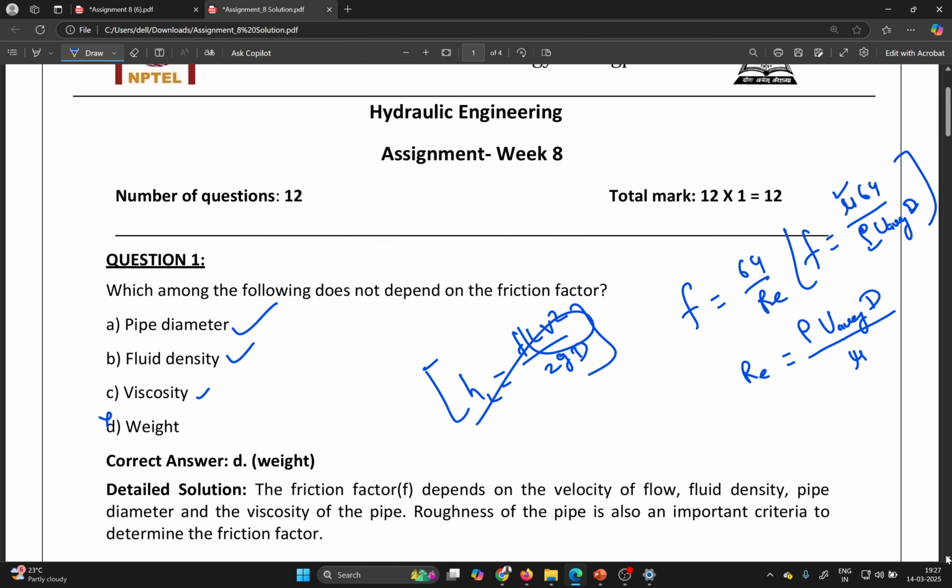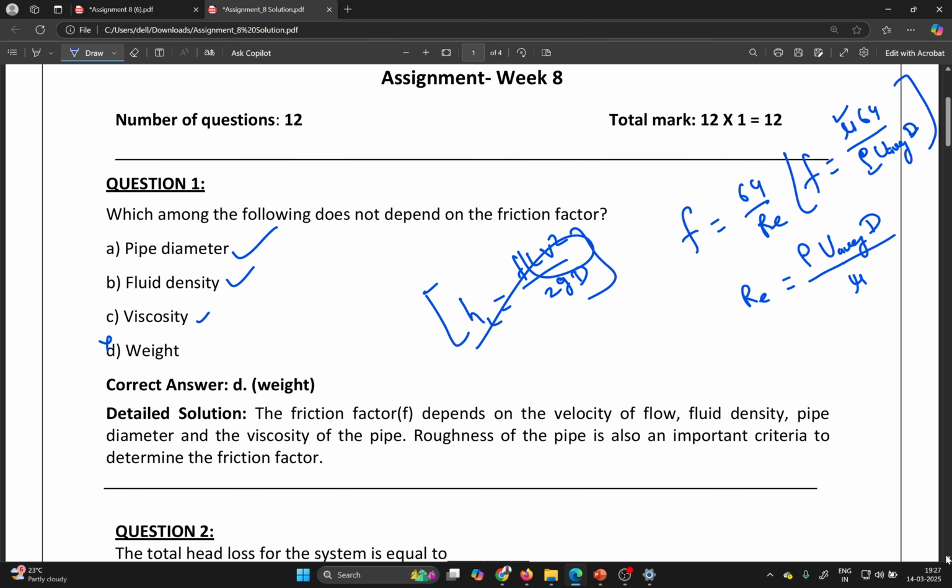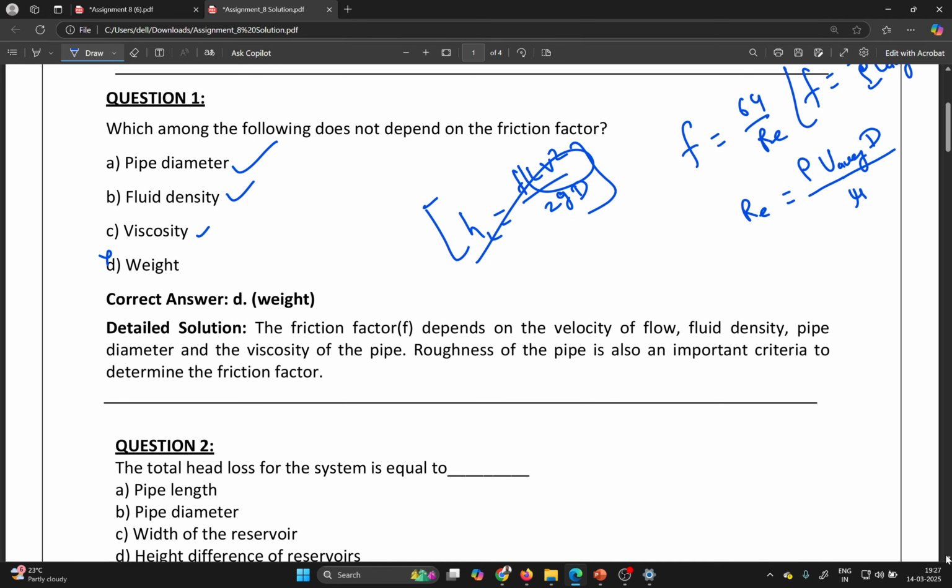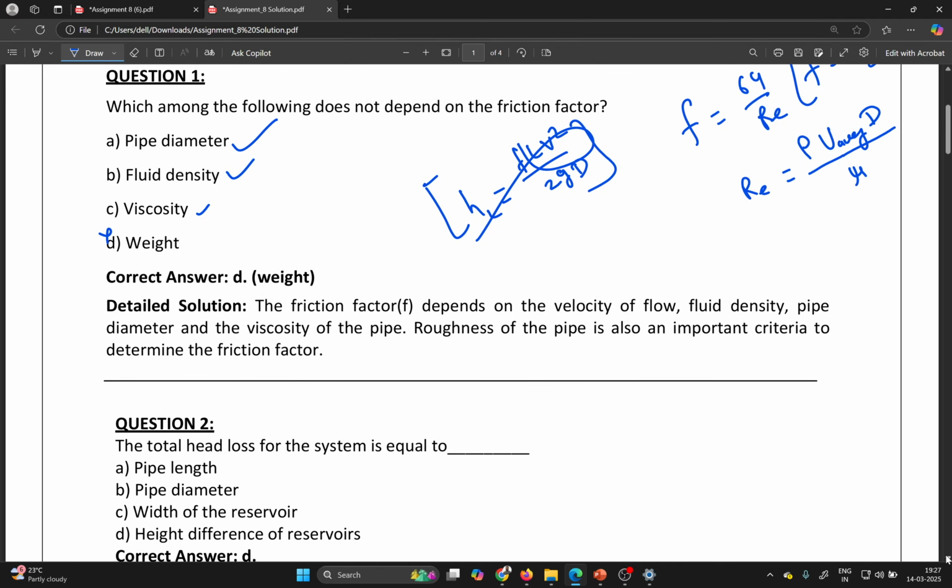Okay, let me go with the next question. Here you can see the answer, but let me discuss. Question number 2: the total head loss for a system is equal to pipe length, pipe diameter, the width of the reservoir, or the height difference of the reservoir.